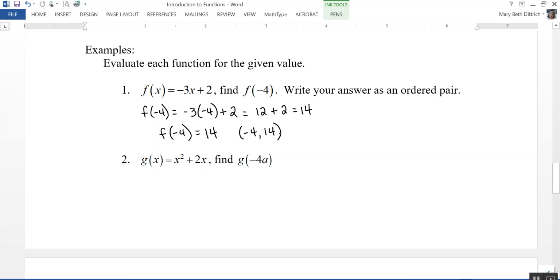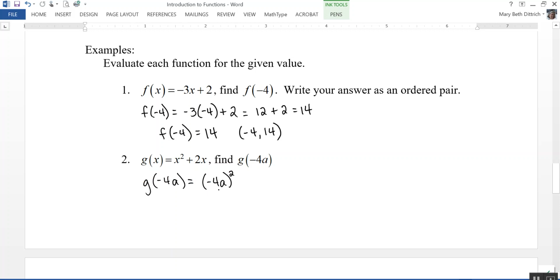Functions don't need to be named f. You can use whatever letter you want in front. So here we have g of x is equal to x squared plus 2x, and I need to find g of negative 4a. So I'm going to plug in negative 4a for x. So that's going to be negative 4a squared.